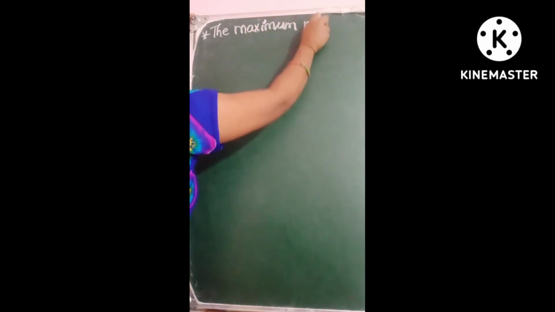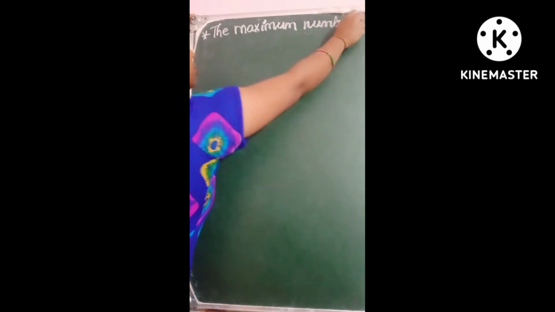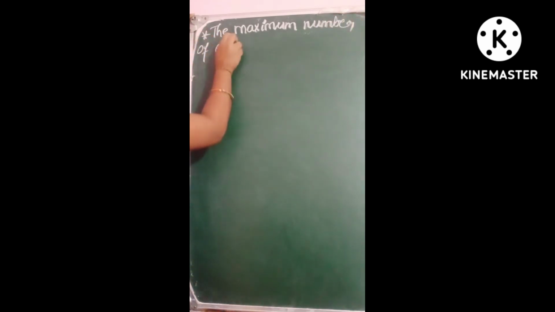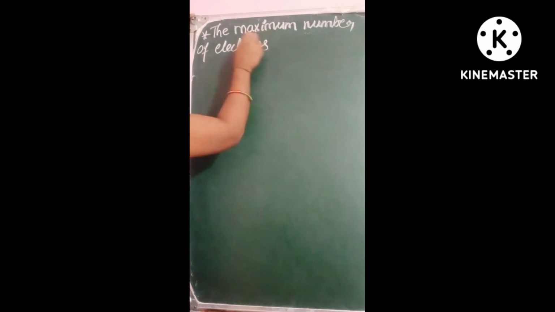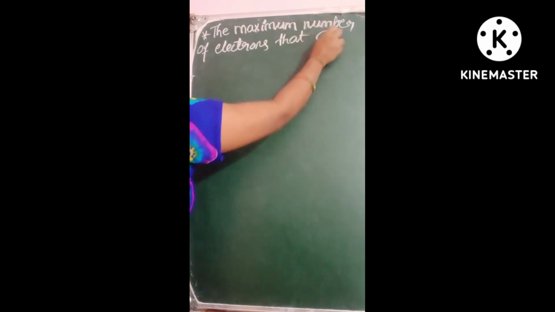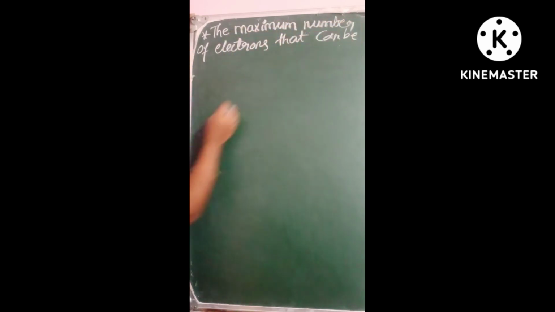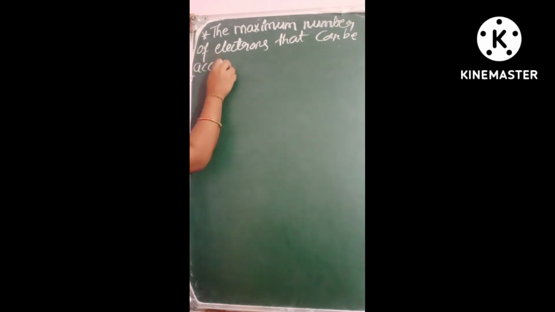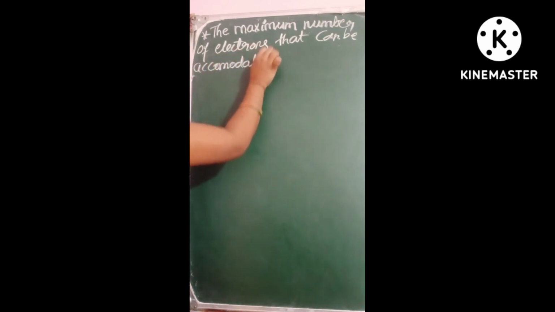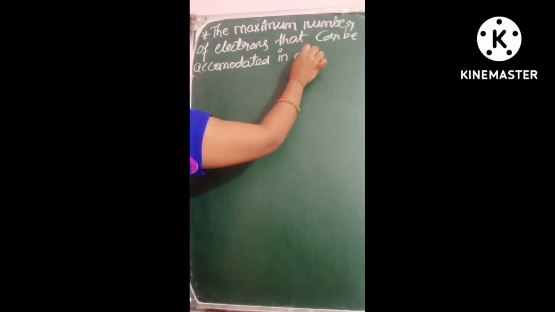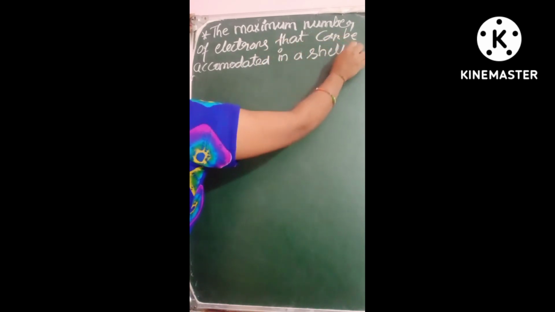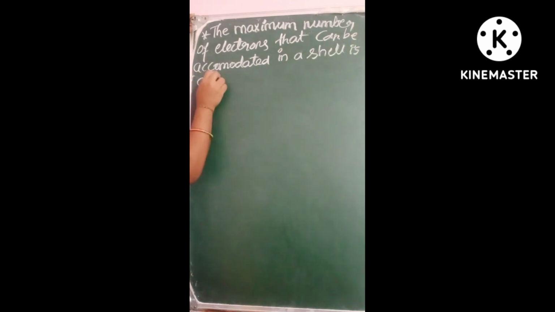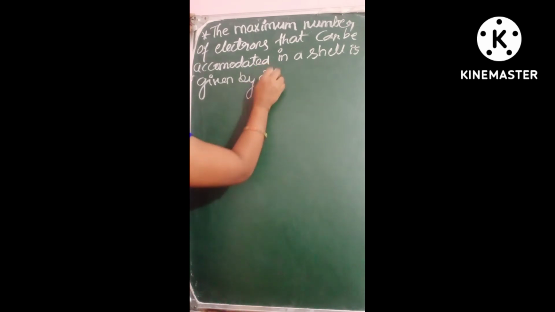The maximum number of electrons that can be accommodated in a shell is given by the formula 2n square.